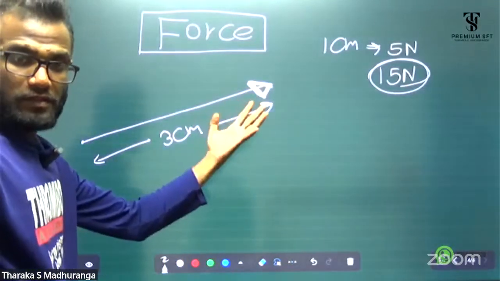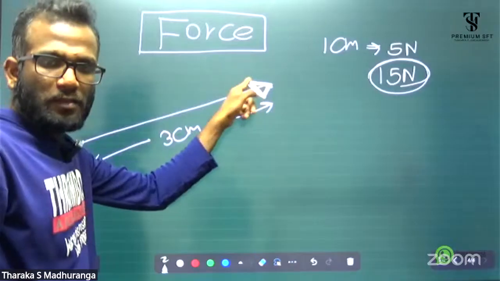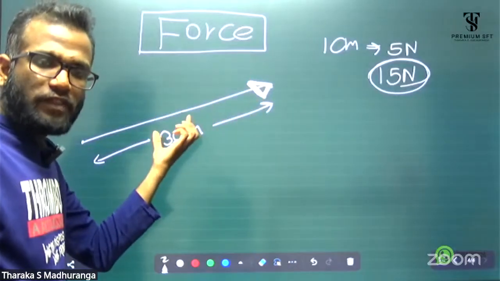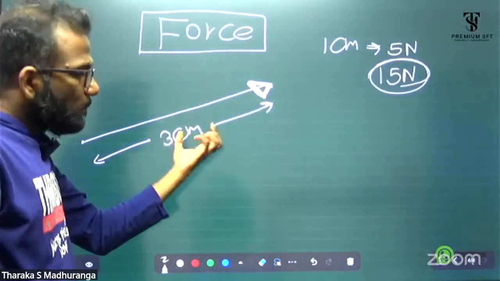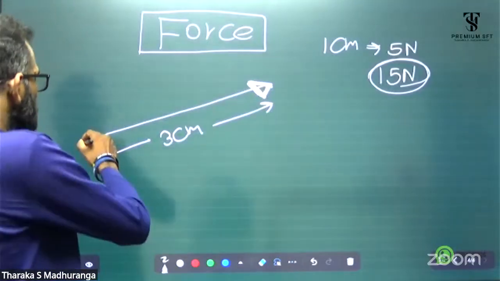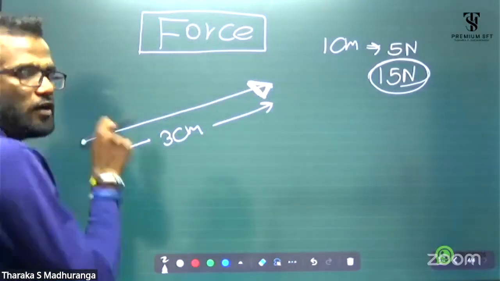The direction is described by the arrowhead, and the length of the line describes the magnitude of the force. Think of this as the starting point of the arrow.